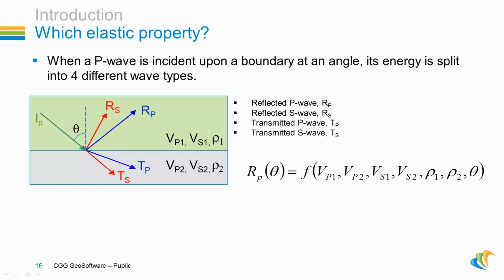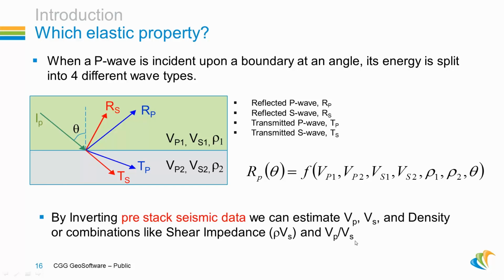In this case, our reflectivity, which usually we are dealing with for PP seismic data, is a function of the velocities of the two layers, densities of the two layers, and also the angle of incidence. So by inverting this type of data, we are able to get VP, VS, and density, or a combination of these parameters like shear impedance, acoustic impedance, VP/VS, or you can convert it to other things like lambda rho, mu rho, etc.